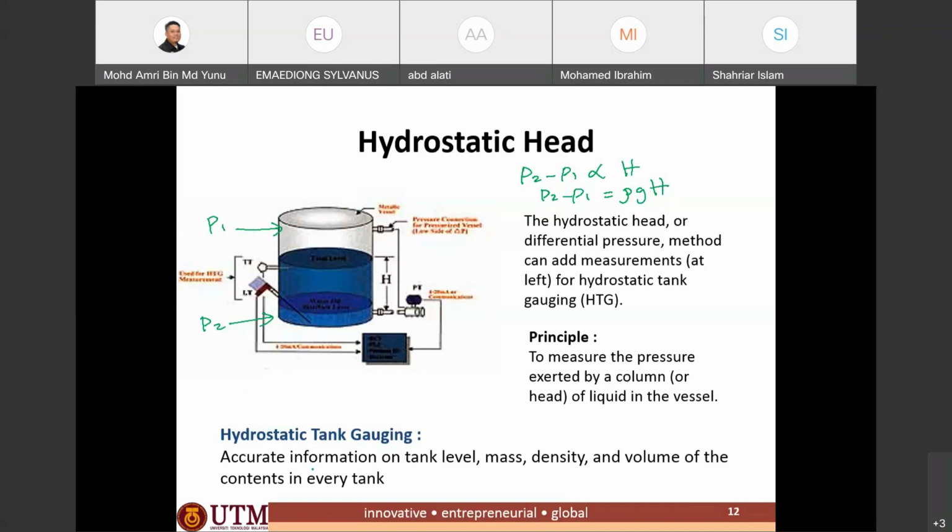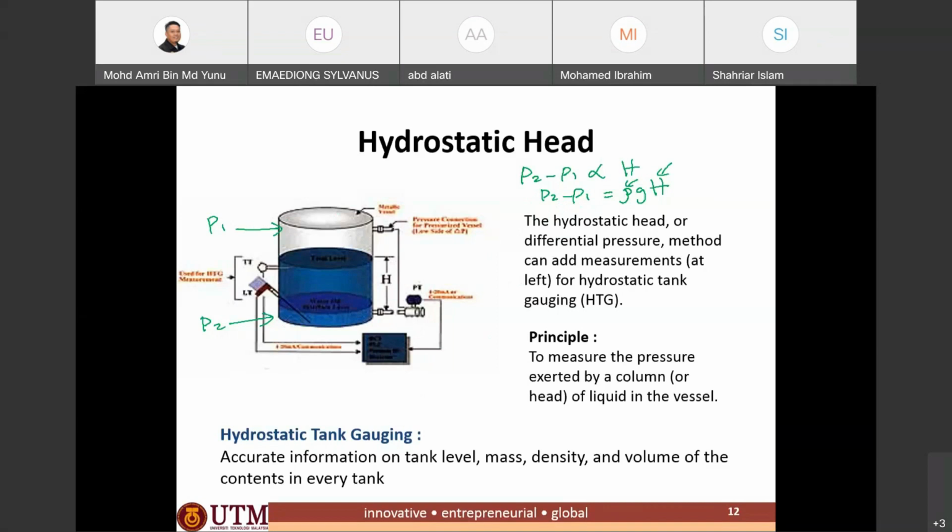Okay. So the density and the height will determine the pressure difference, or the P2 minus P1 value. So that is measured by the pressure transmitter.